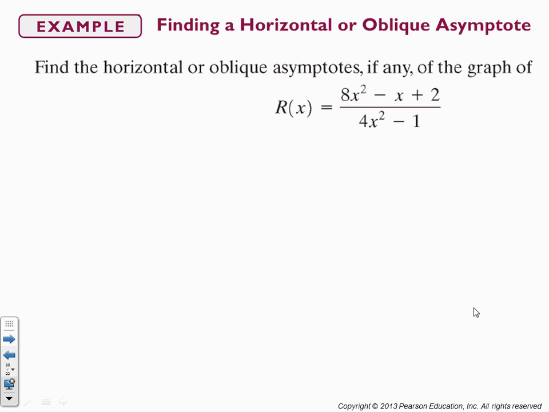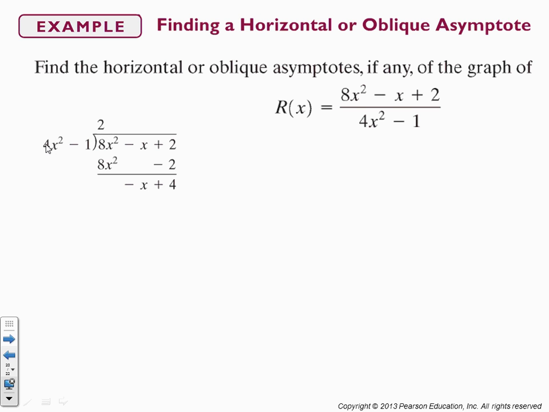All right, so let's see another example. 8x squared minus x plus 2 over 4x squared minus 1. We are going to do the long division. So you say, I multiply 4x squared by what to get 8x squared? I multiply it by 2.